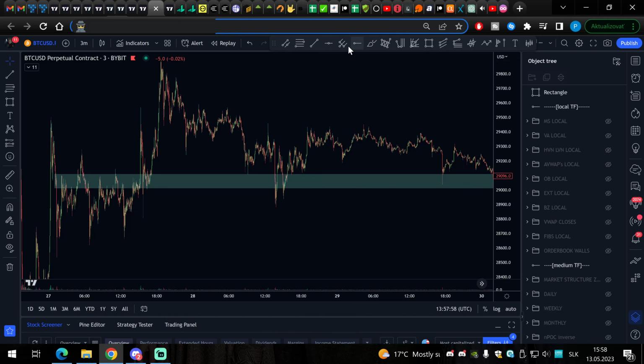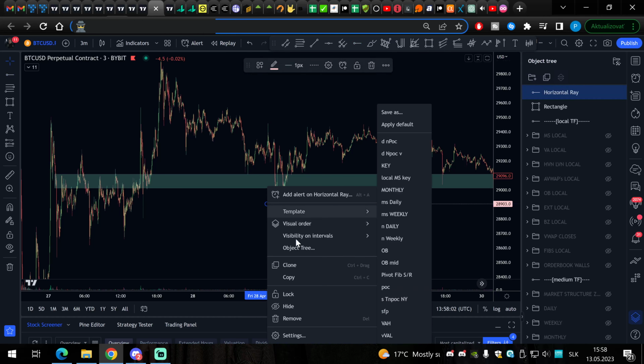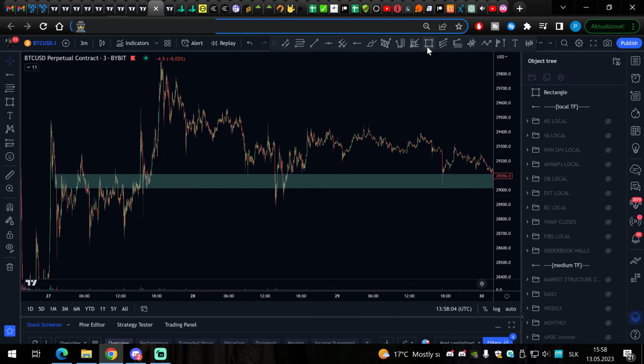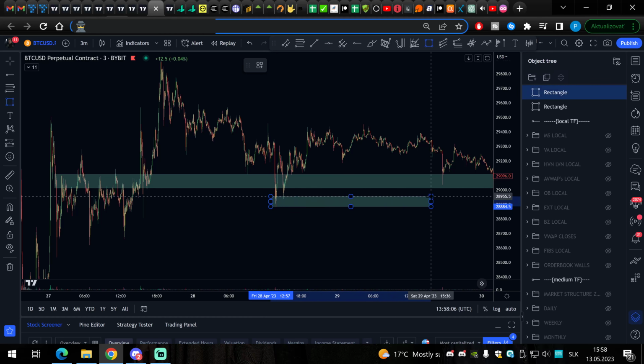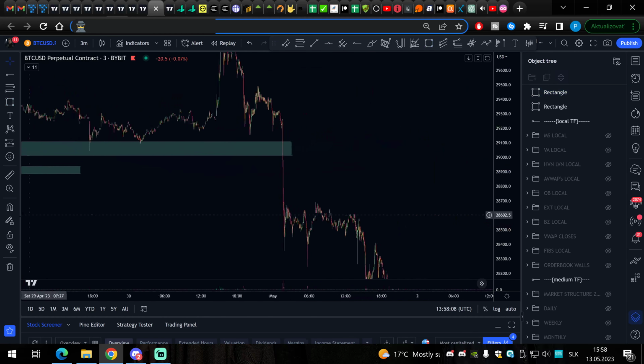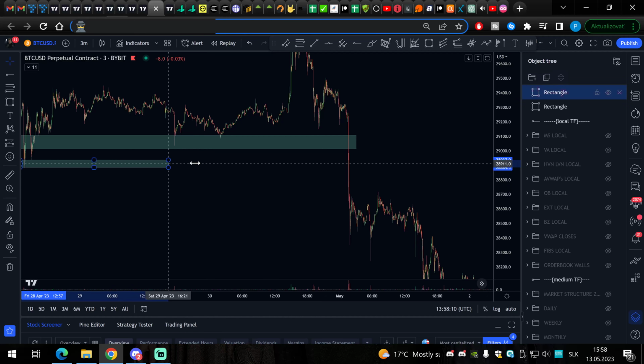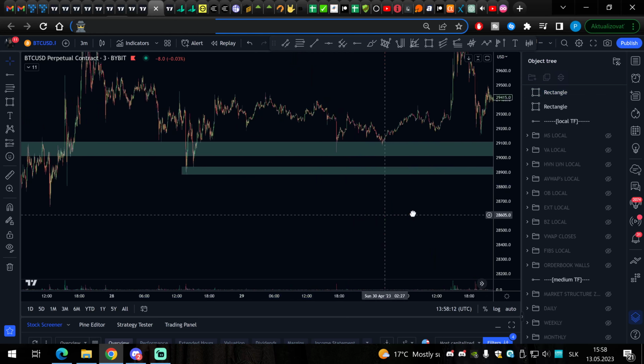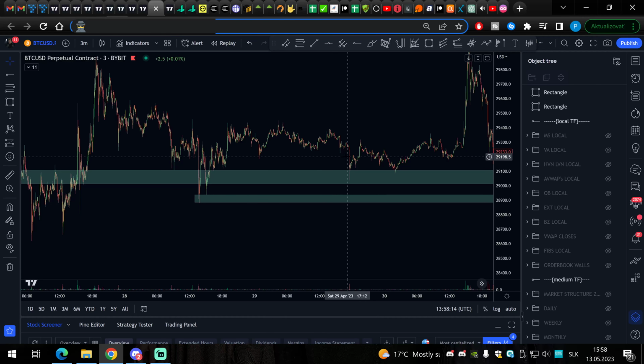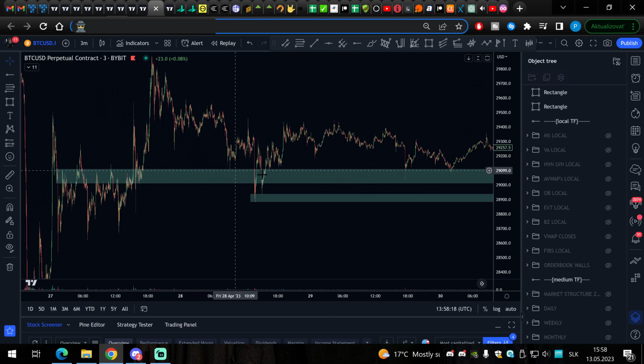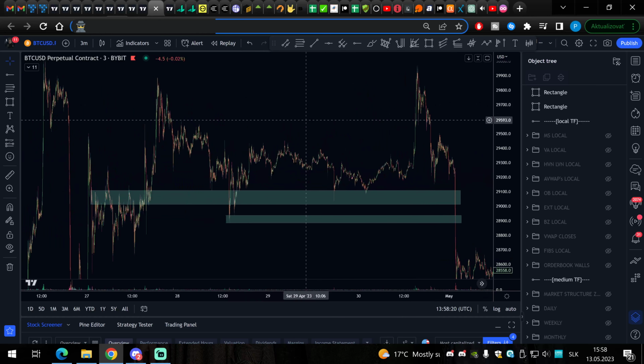I can also make a new zone here too. Extend it, of course. Price again was finding support from this. This is really nice support already. It's already giving you multiple trades.